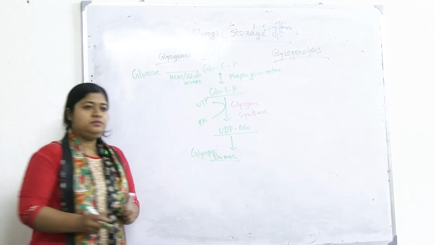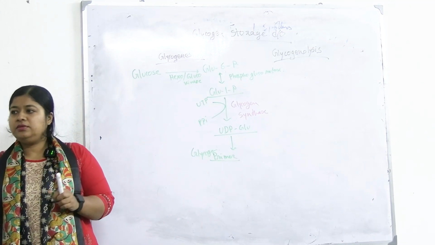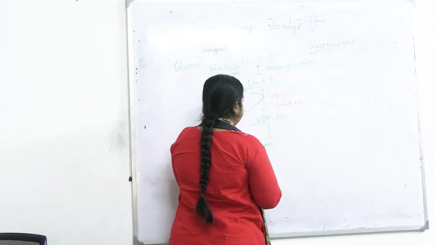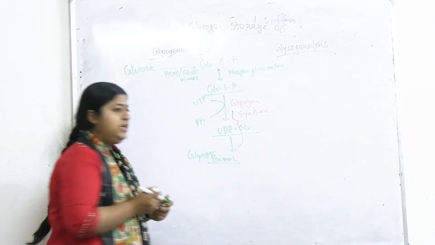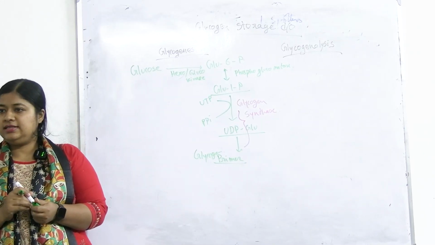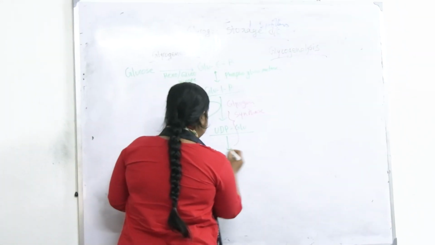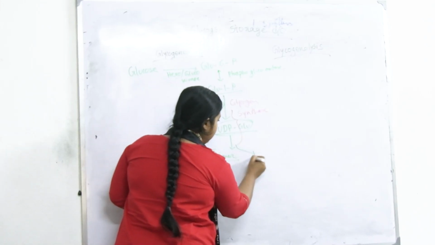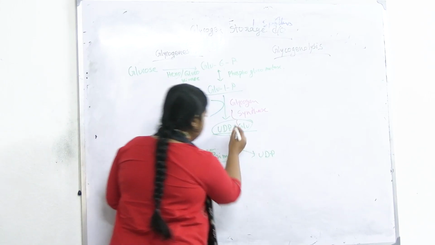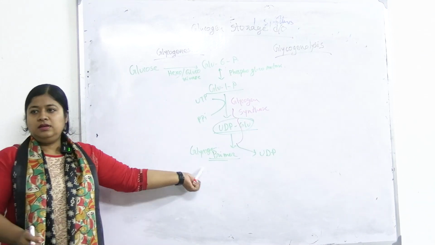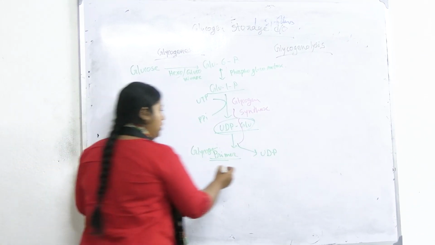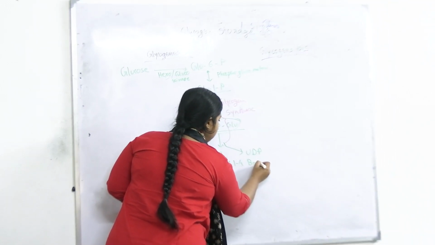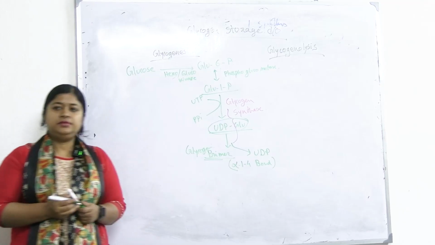It's a protein or protein attached with a few glycogen chains. So both the steps are mediated by glycogen synthase enzyme. Okay, so what happens? This UDP glucose gets attached to the primer by eliminating UDP, and the glucose part is attached with alpha 1,4 bond with the primer, right?